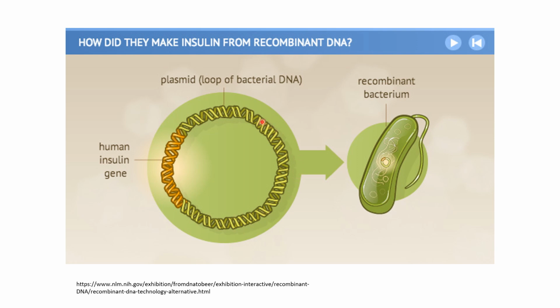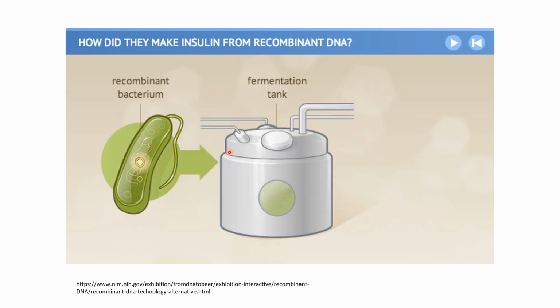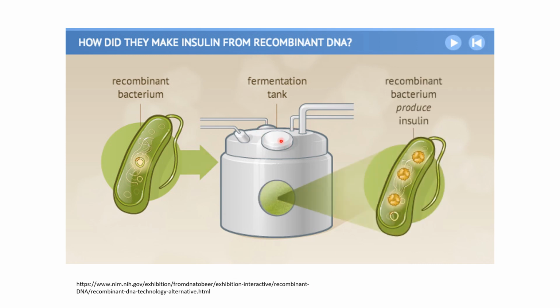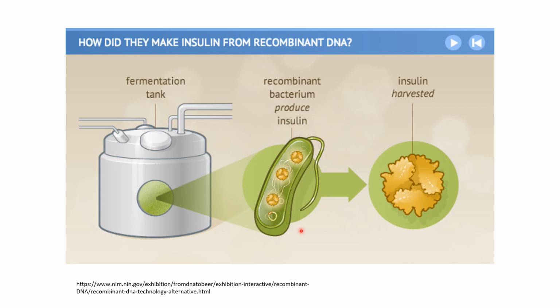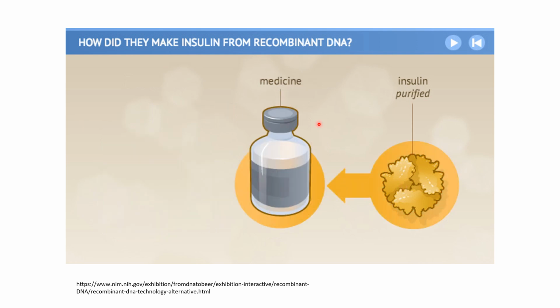Researchers return the plasmid to the bacteria and put the recombinant bacteria in large fermentation tanks. There, the recombinant bacteria use the gene to begin producing the human insulin. Scientists harvest the insulin from the bacteria and purify the substance for use as a medicine for people.